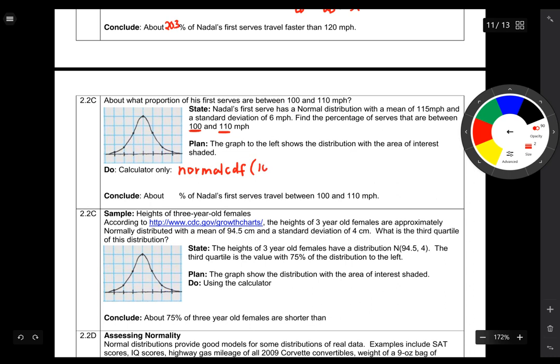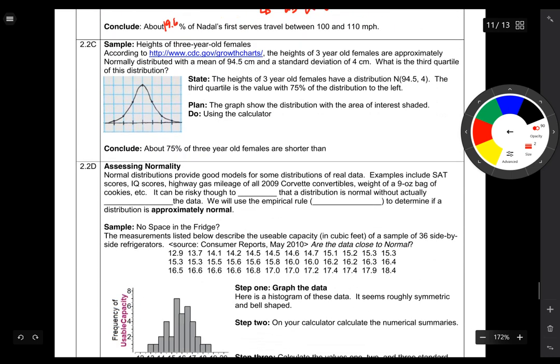So 100 goes here, 110 goes there. The mean was 115, and the standard deviation was 6. Again, label. And that gave us our answer, 19.6%.